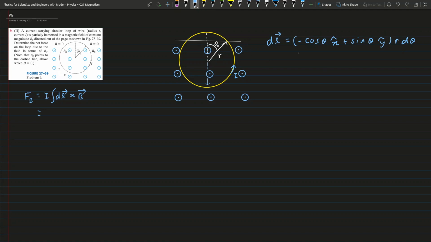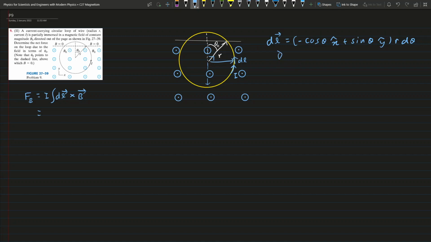We can verify this formula by substituting values inside. For example, let's say we take from here until here. This is 90 degrees, and you can see this infinitesimal dl is given in a positive y component only.